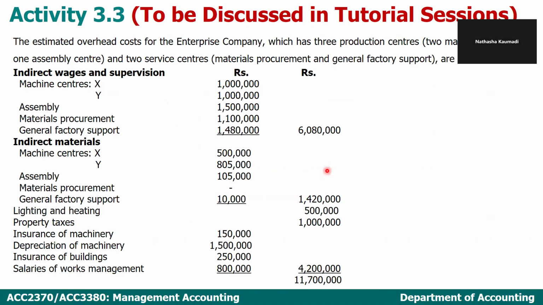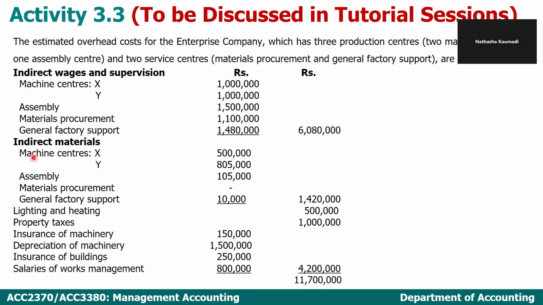And this one, Activity 3.3, is the question we discussed in the tutorial that day. Since I want you to remember this question in order to continue the second part, I will quickly go through it. In this enterprise company, there are 3 production centers and 2 service centers.